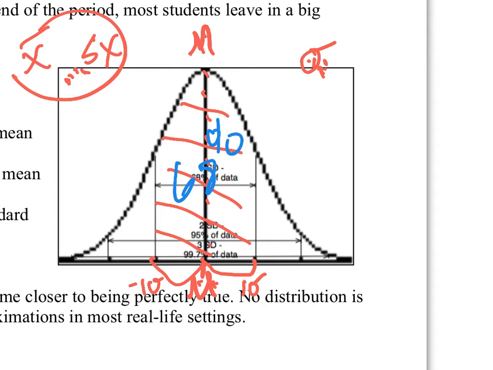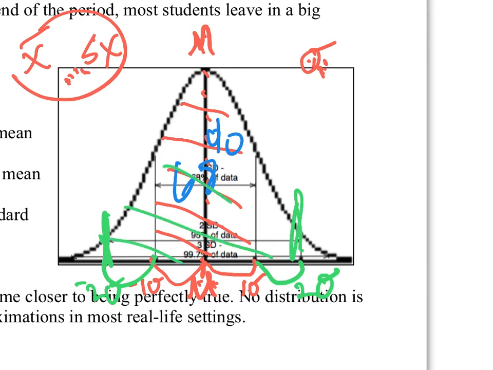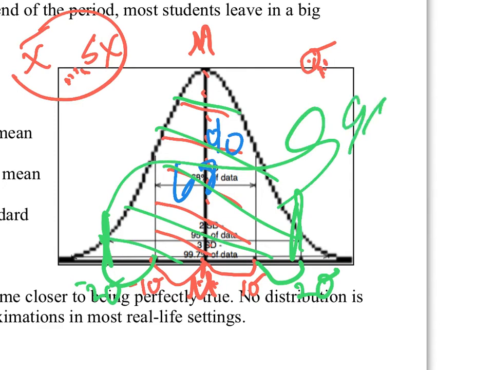If we go 2 standard deviations, this is 2 sigma, and then a minus 2 sigma, this area constitutes 95% of all the data.